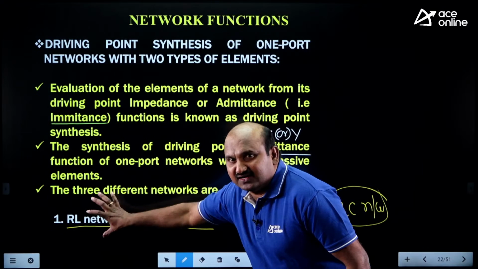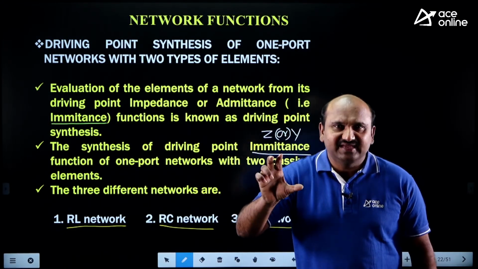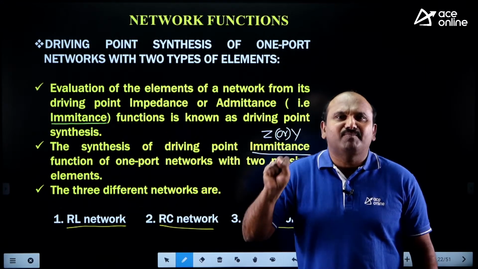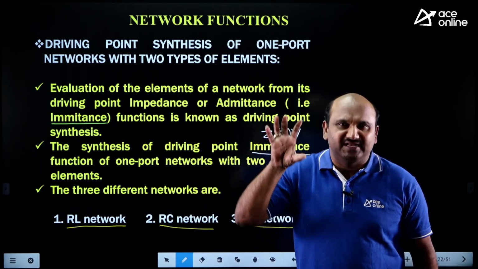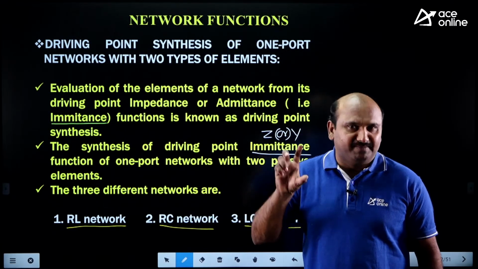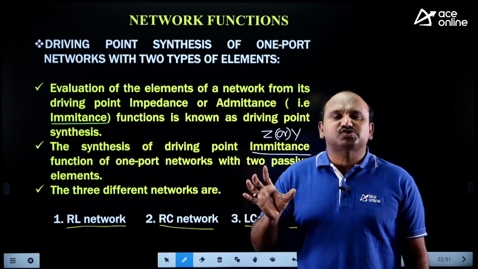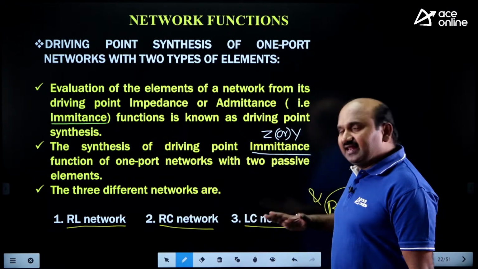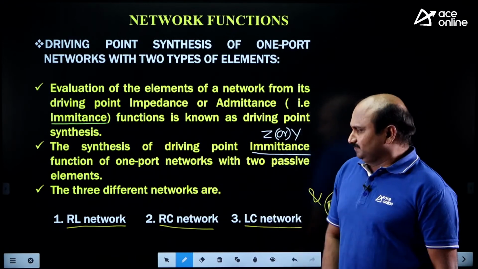First, for the RL network, if the network has only elements R and L, how is the location of poles and zeros for a driving point impedance function? Like that for the RC network, how is the location of poles and zeros on the S-plane, like that for LC, like that for the RLC network. Let me take that one by one.